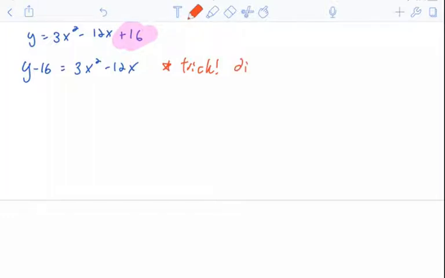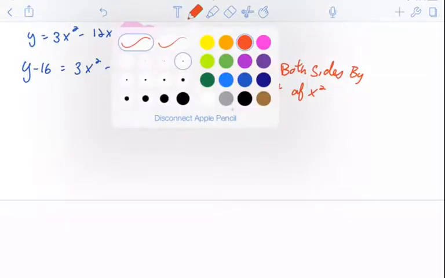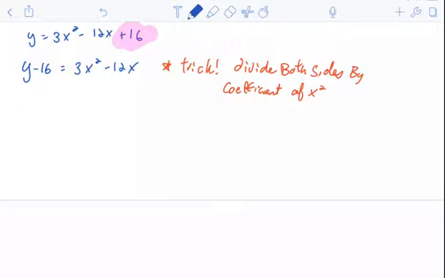Divide both sides by the coefficient of the x squared term. That gives me y minus 16 over 3 is equal to x squared minus 4x.